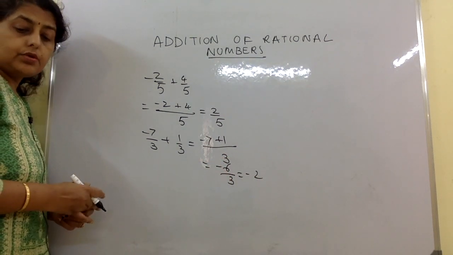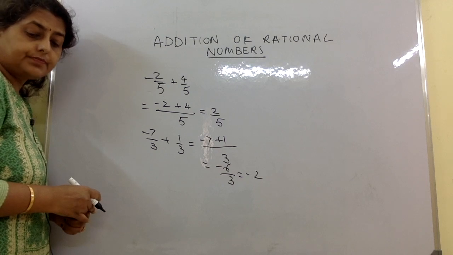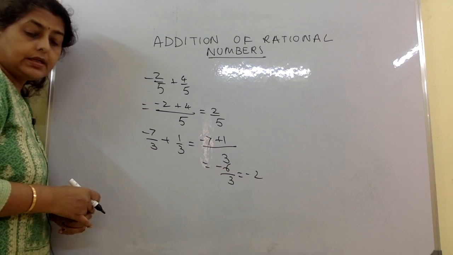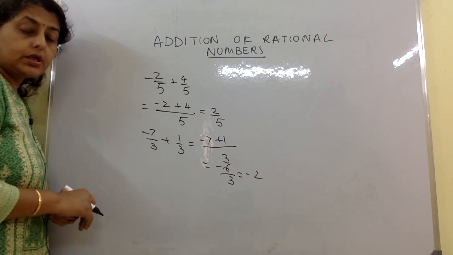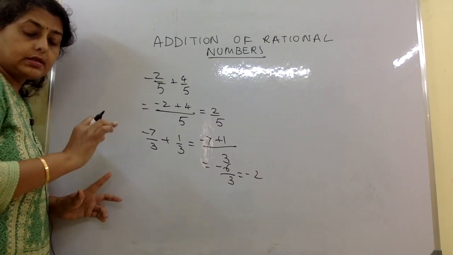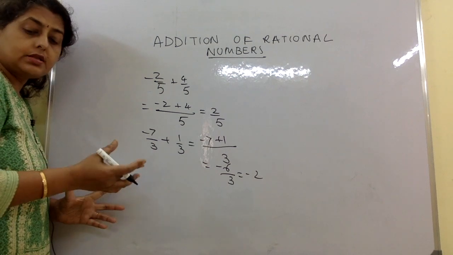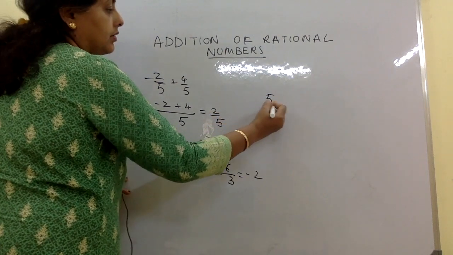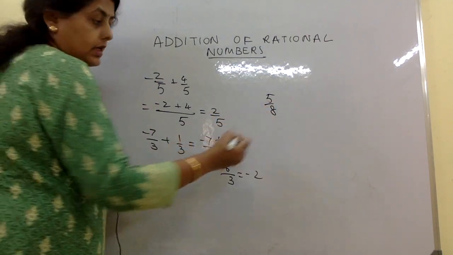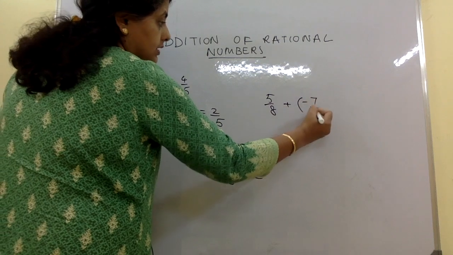Okay, so now we shall be doing two sums where the denominators are not common. So let me take 5 by 8 plus minus 7 by 12.